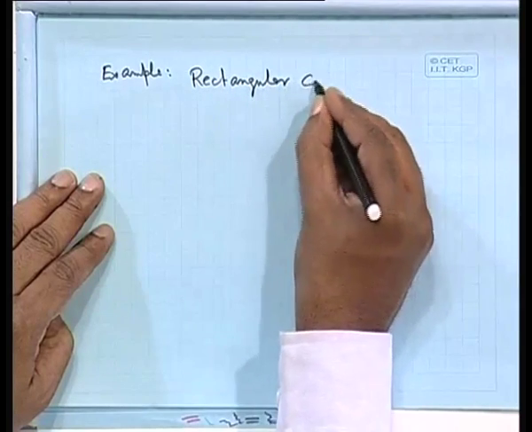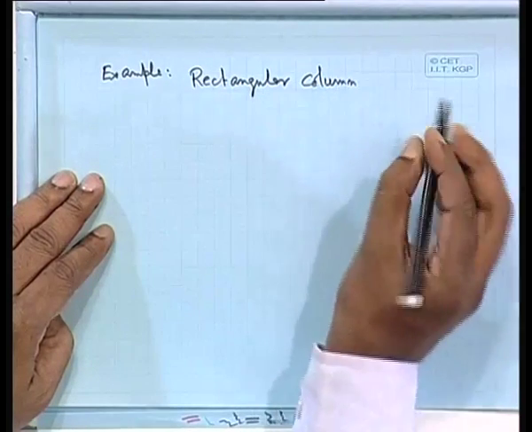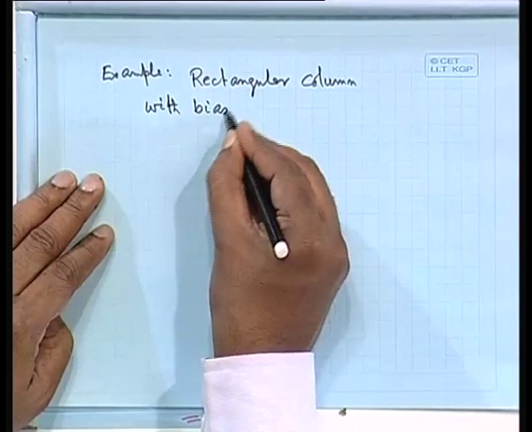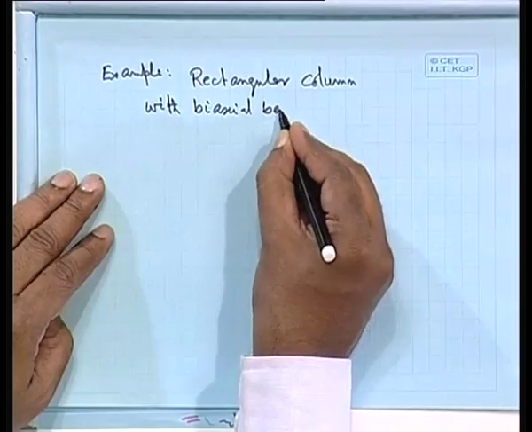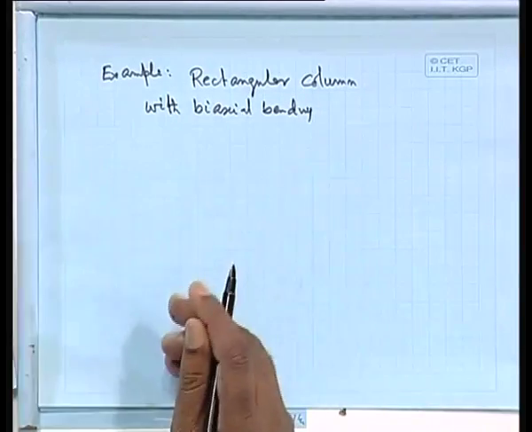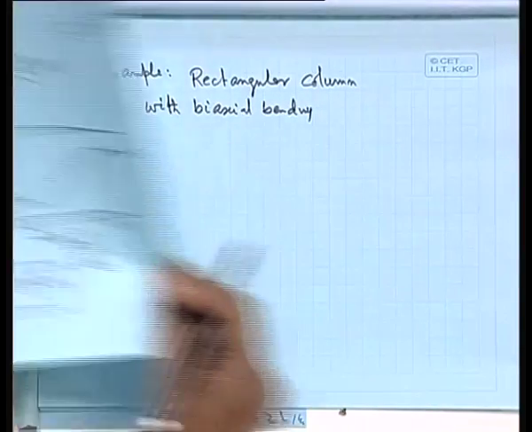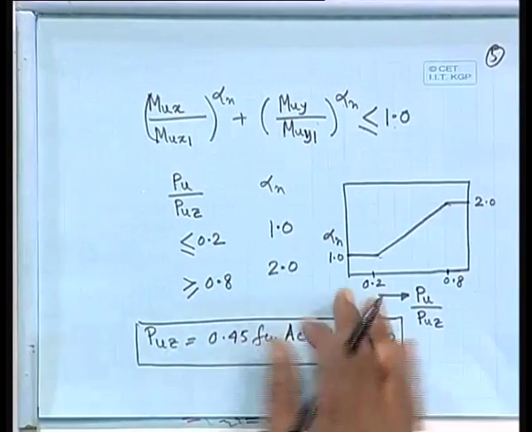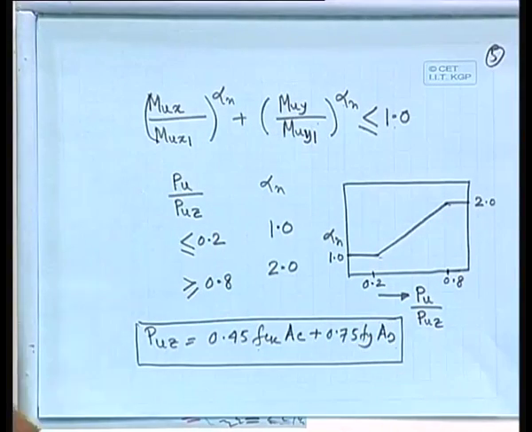So, rectangular column. One thing I think I should tell: I have been referring to SP16 so far, but where is that in IS 456? I think I should refer to that clause.